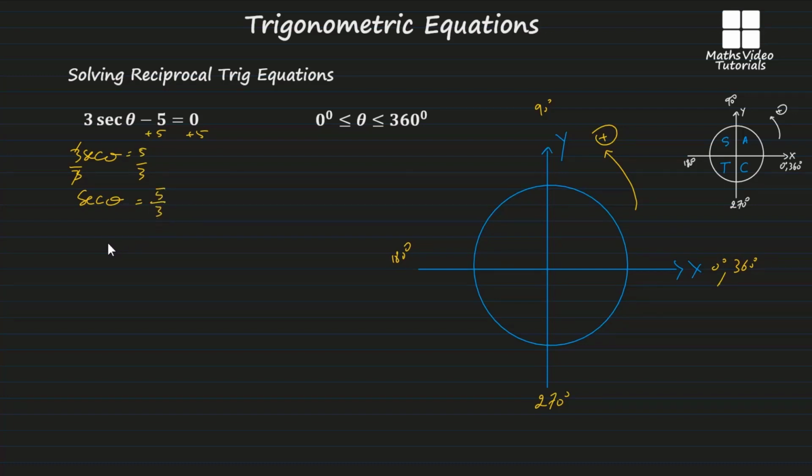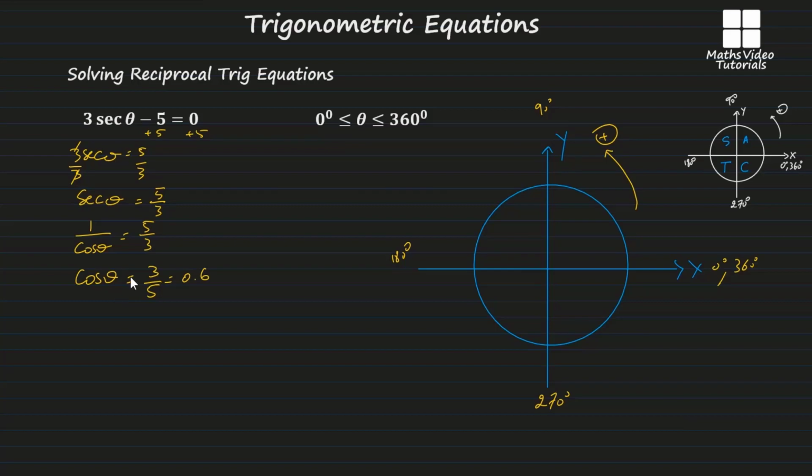And then we need to rewrite sec theta using its definition, which is 1 over cos theta. And then we need to flip 1 over cos theta to make cos theta the subject. And we can write 3 over 5 as a decimal number.